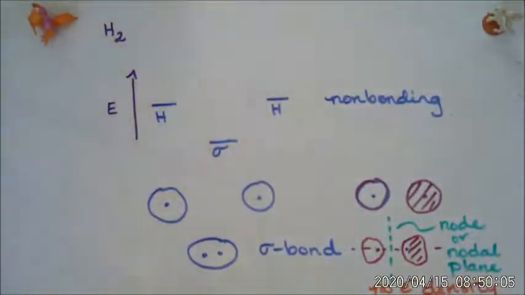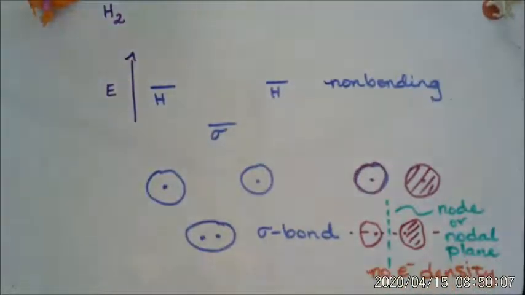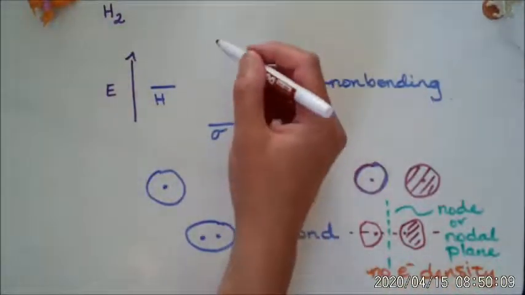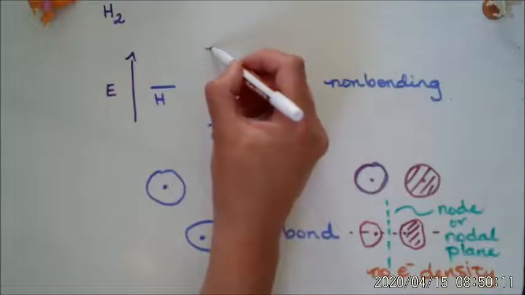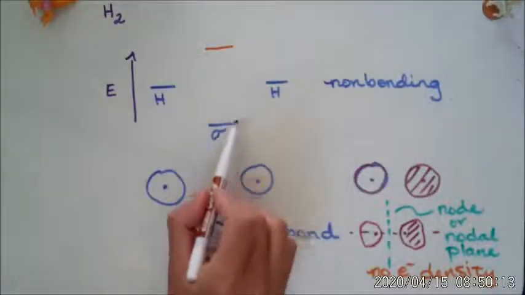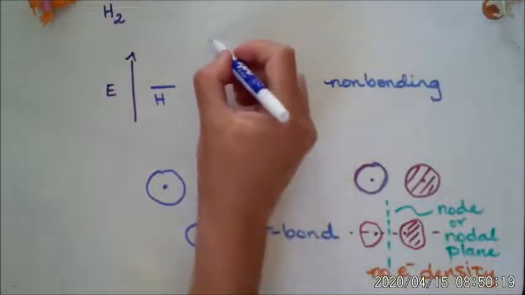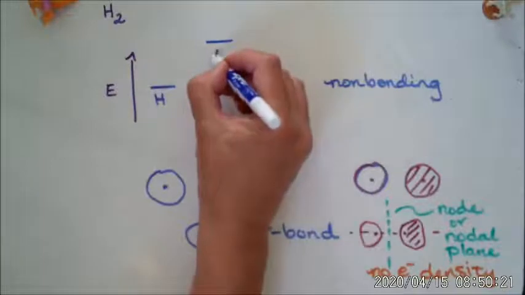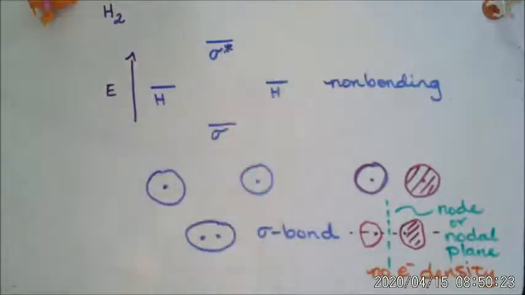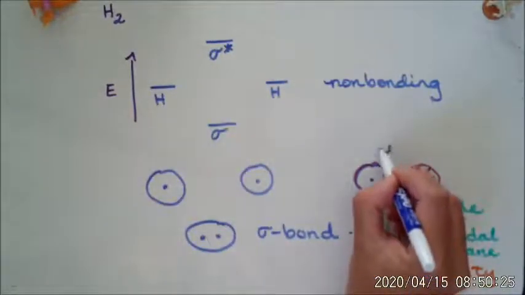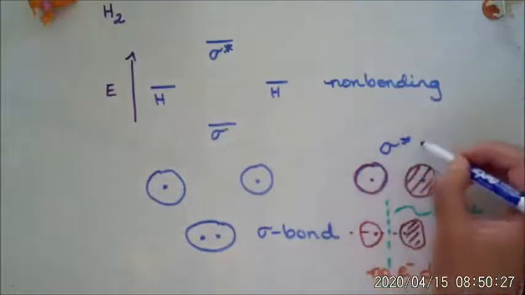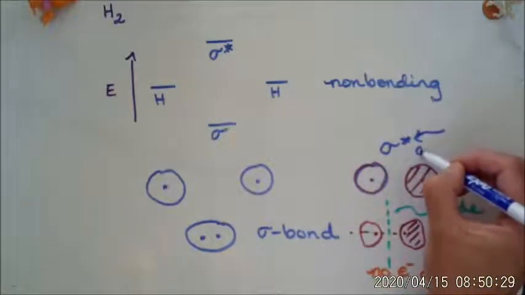Alright, and what we call this is we call it an antibond. This is high energy. And if it drops down, it actually increases the same amount of energy. So when we're done, everything stays conserved. And you put an asterisk next to it. This tells me it's an antibond.